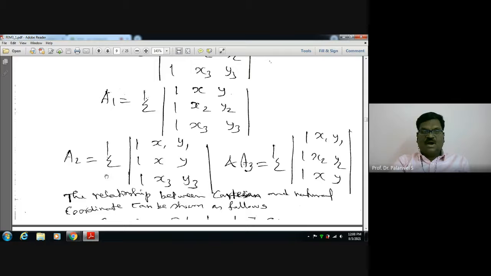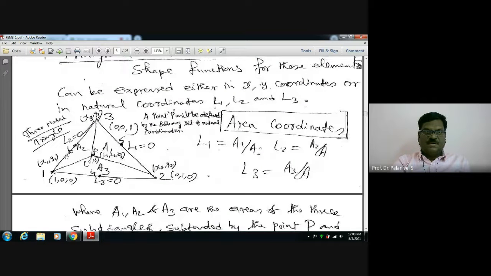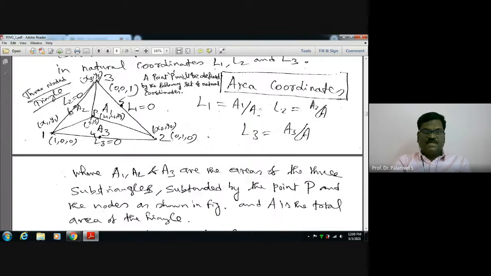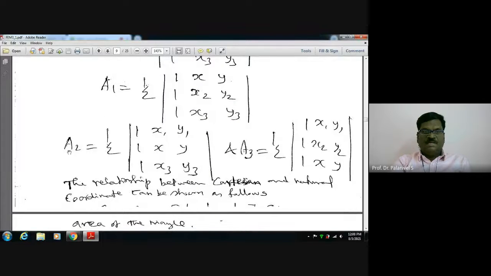Similarly, A2 equal to half into the determinant. The point P coordinates are x, y. A2, you can see here, is this subtriangle, so the coordinates are x1 y1, x3 y3 and x comma y, the point P. For that subtriangle, A2 equals half into the determinant of 1 x1 y1, 1 x y, 1 x3 y3.